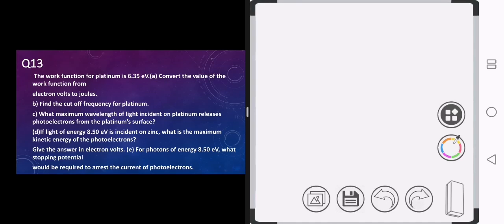Question D. If light of energy is incident on zinc, what is the maximum kinetic energy of the photoelectrons? Give the answer in electron volt. Light of energy incident on zinc, so that one is your E photon. The maximum kinetic energy is KE. E photon we minus with the work function.